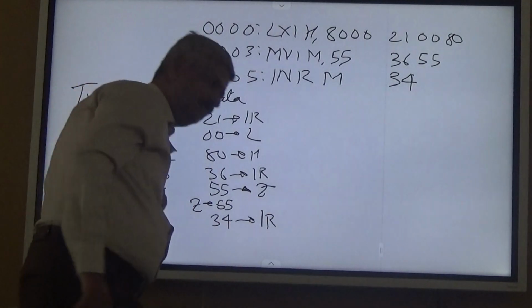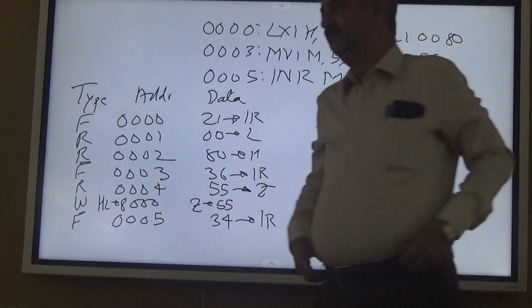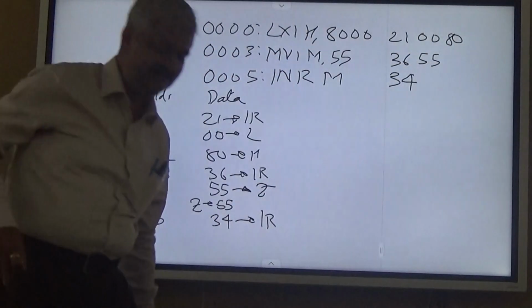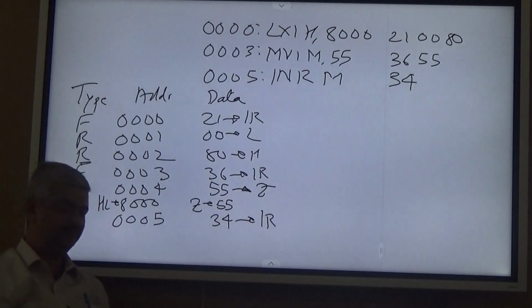Now you tell me what happened. 8085 has read the instruction increment M. So what will it do?